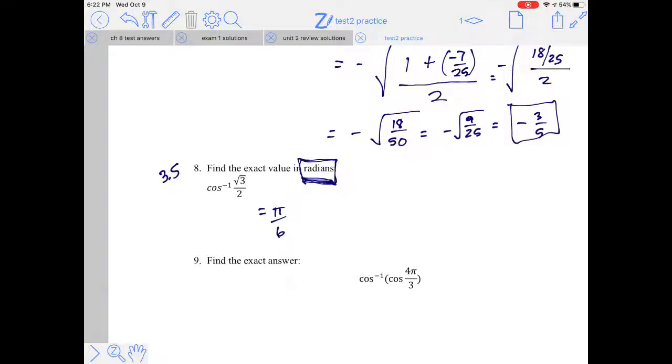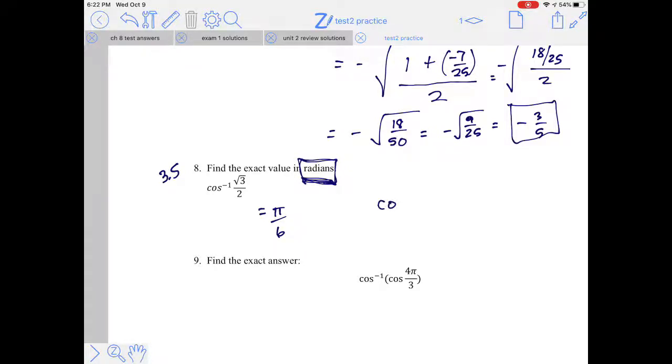Now, that seemed like a pretty easy question, and it is. Let's talk variations here. It could be sine inverse or tangent inverse. It could be different trig functions, but there's not much that could vary here.